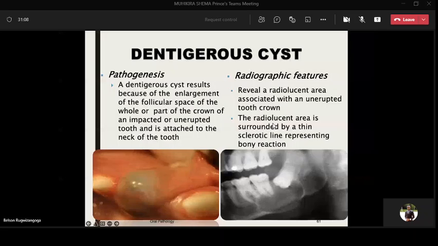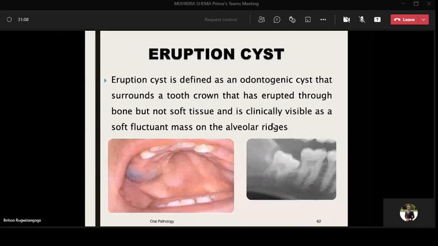So eruption cyst is defined as an odontogenic cyst that surrounds a tooth crown that has erupted through bone, but not soft tissues, really kind of visible as a soft fluctuant mass on the alveolus. Okay.